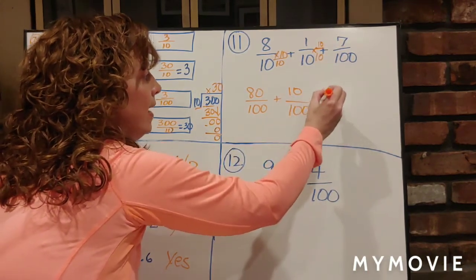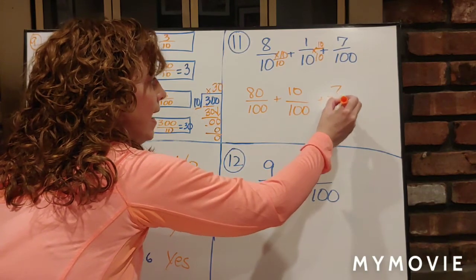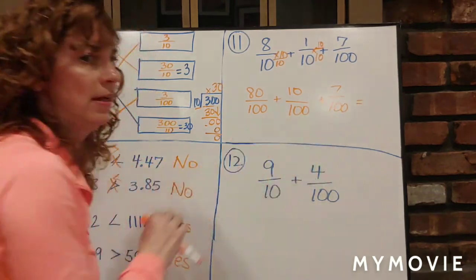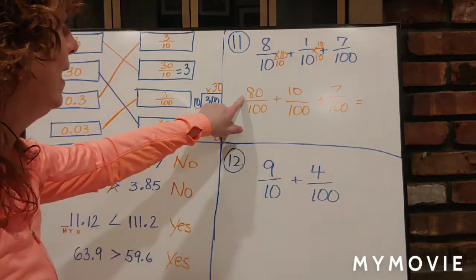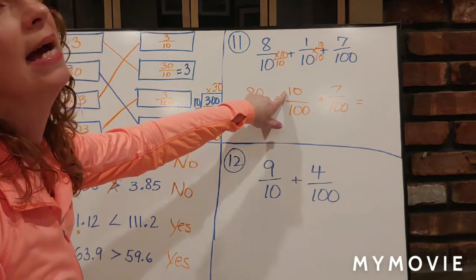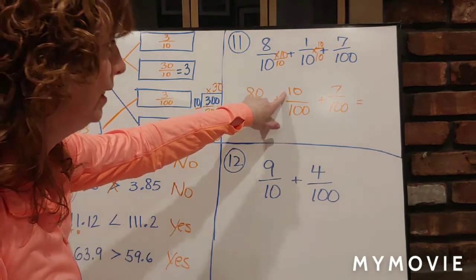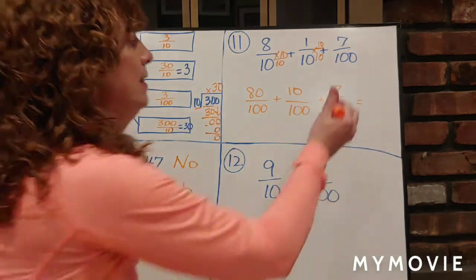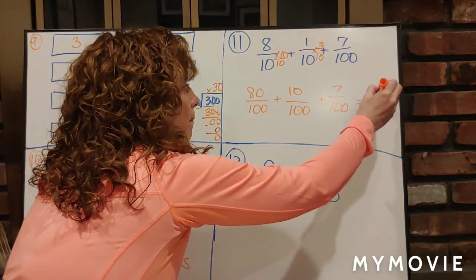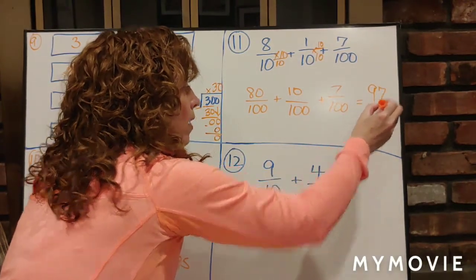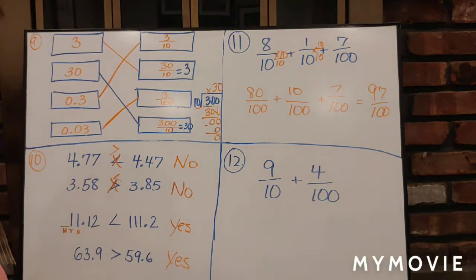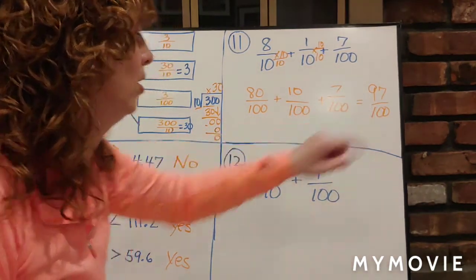And we're going to leave that last one, 7 over 100, because that had the 100 as a denominator. All right, so 80 plus 10 is 90. 90 plus 7 is 97 over 100. And that's our answer, 97 100ths.